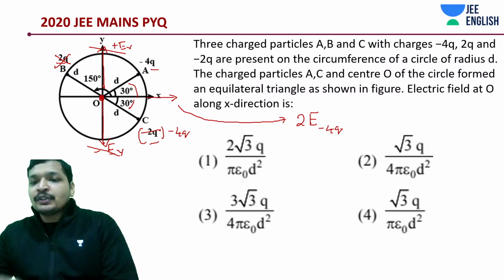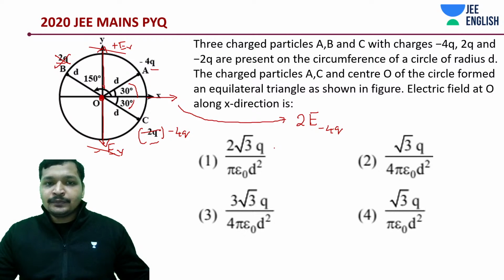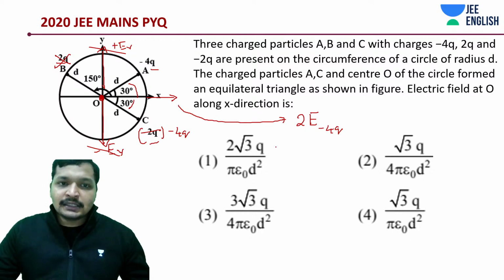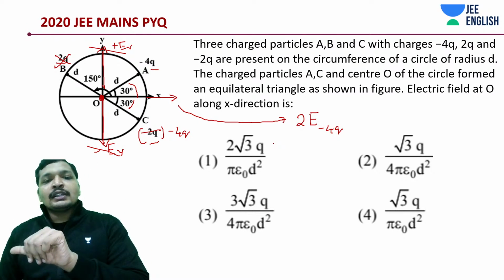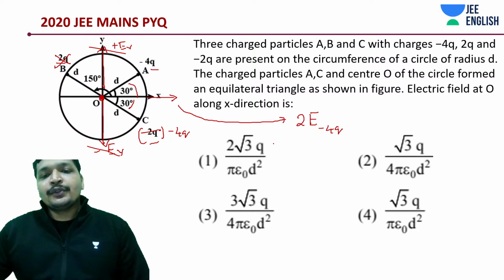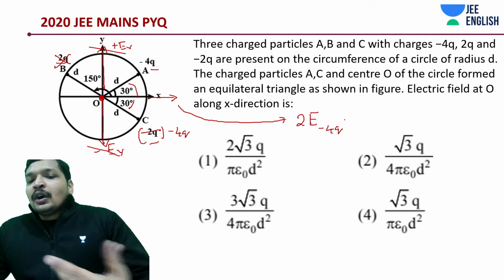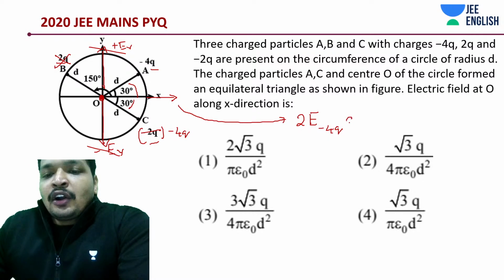Anyway, magnitude is being asked, and they have said along the x direction, so you need not worry about that minus sign. Once you substitute that minus sign, we are getting it in the plus x direction, right? You need to understand that. And what is this going to be? Cos of 30 degrees. What is cos of 30 degrees?